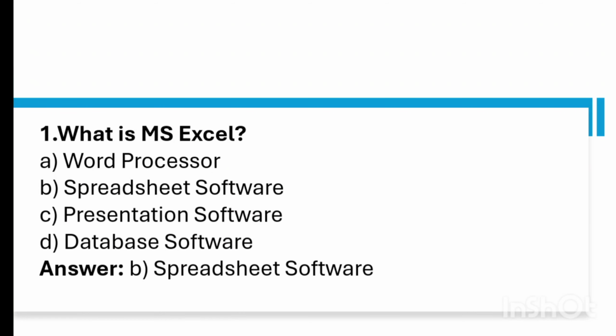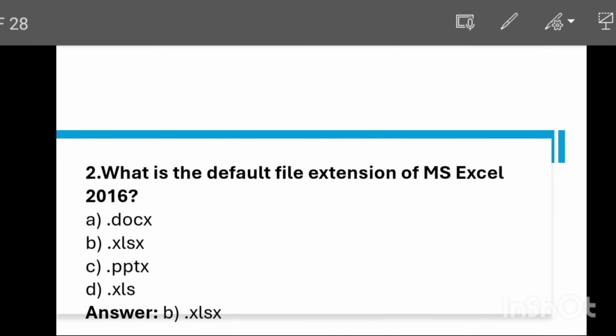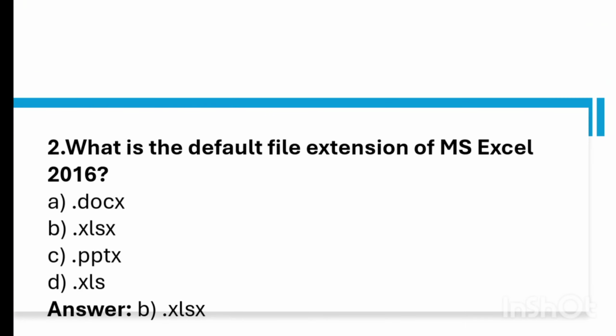Question number 1. What is MS Excel? Options are A. Word processor, B. Spreadsheet software, C. Presentation software, or D. Database software. So the correct answer is option B. Spreadsheet software. Question number 2.